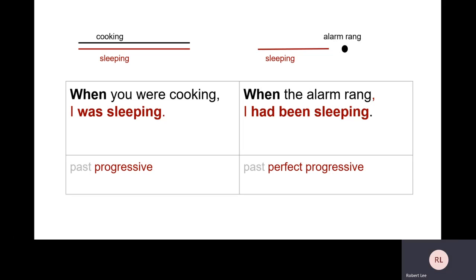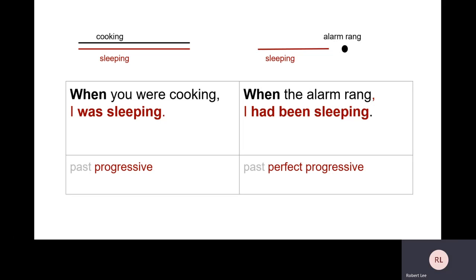So for example, the key word when might indicate that you should be using the progressive tense, but you might also use the perfect progressive tense. And here are two examples. On the left-hand side, it says when you were cooking. And on the right-hand side, it says when the alarm rang.